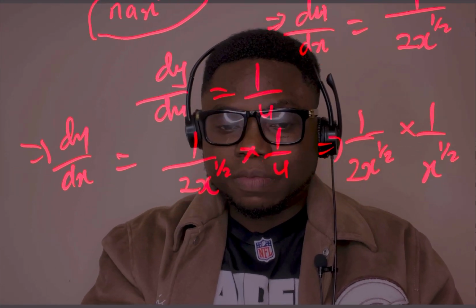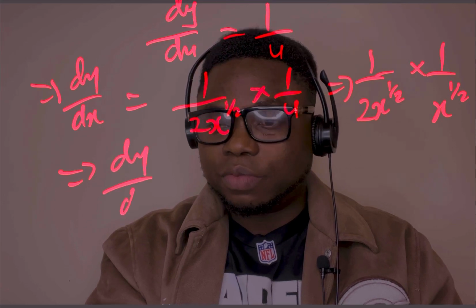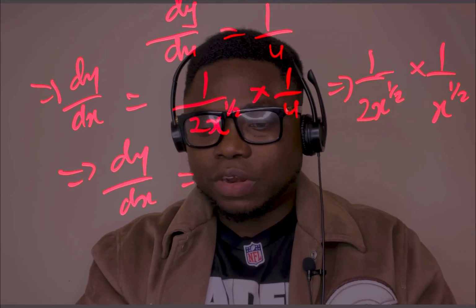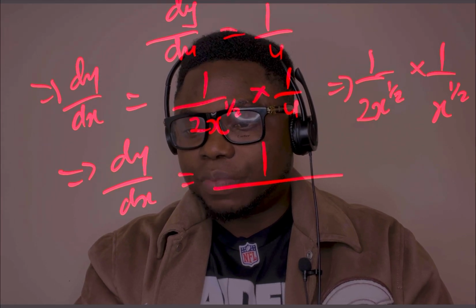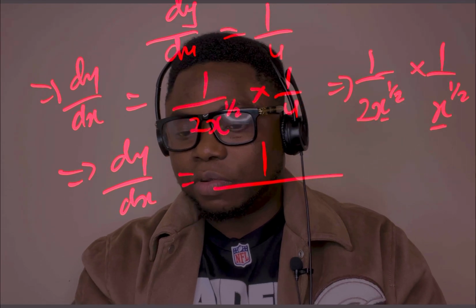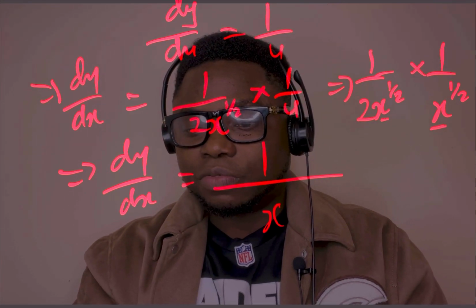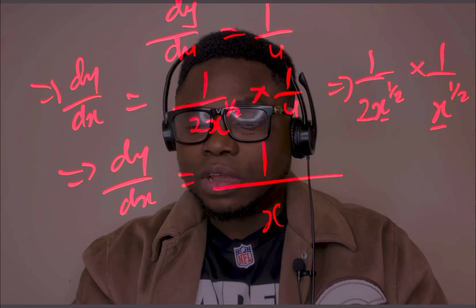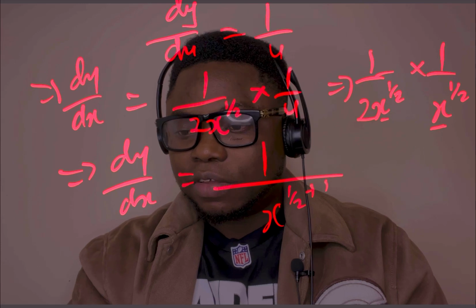Now I'm going to multiply. So in this case, dy over dx will be equal to 1 times 1 is 1, divided by x raised to the power of half times x raised to the power of half. And in this, I'm going to pick x and add the exponents, which is half plus half, that is 1.